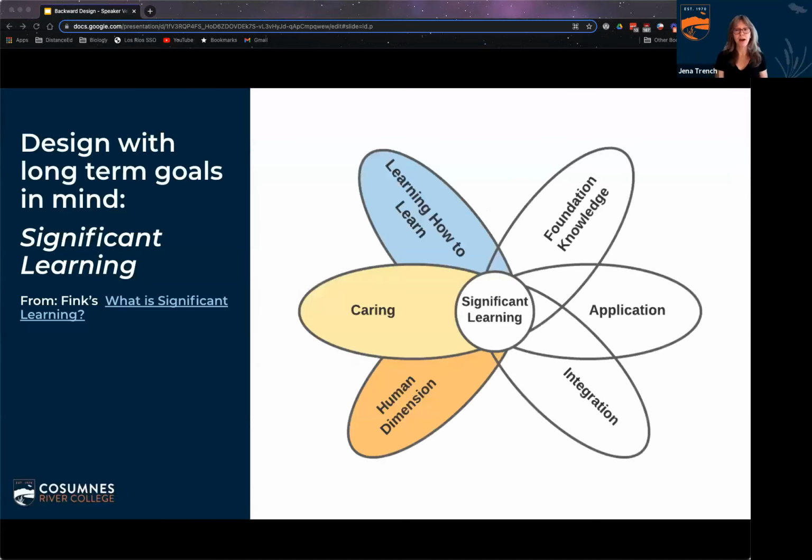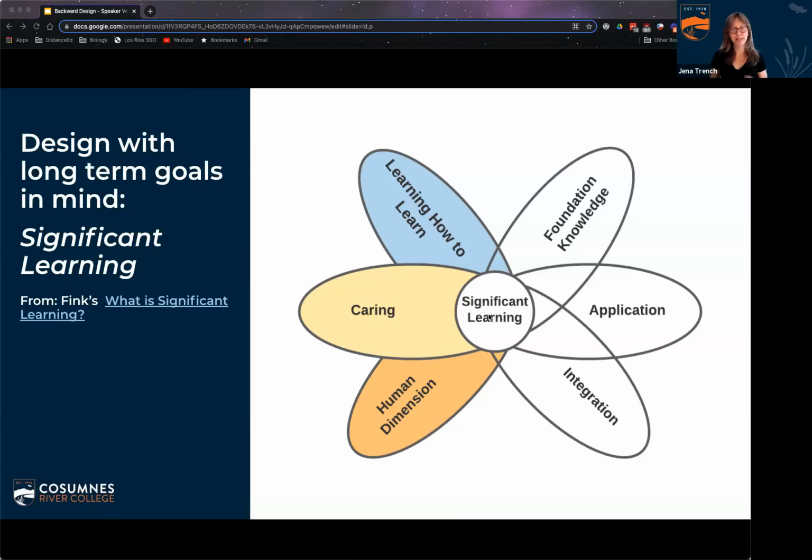And if you're doing an OEI alignment process, you're going to be leaning on those outcomes and those objectives heavily. In the process of planning this workshop, I came across something else, which I wanted to share with you because I found it really interesting. And it is called significant learning. It's a framework that identifies levels of learning, some of which overlap with Bloom's taxonomy: foundational knowledge, application, integration.